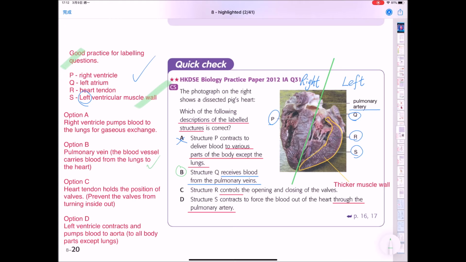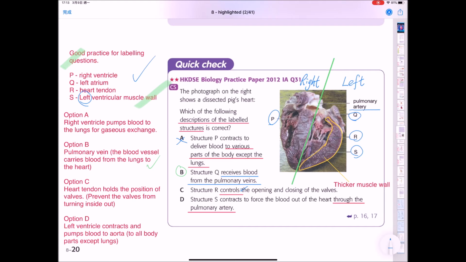Option C is saying that structure R, the heart tendon, can control the opening and closing of the valves, and the keyword is control. We find that it's a wrong concept, because the valves are opened or closed depending on the blood pressure difference.